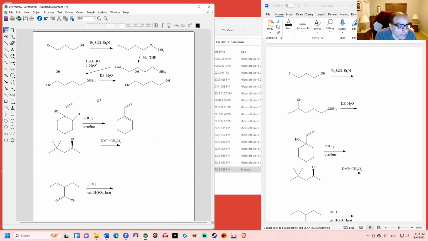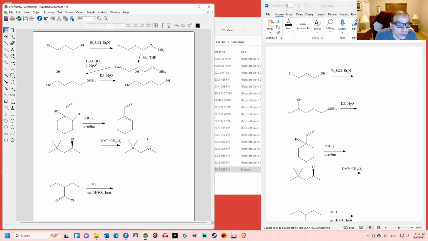The next reaction is an oxidation reaction using Dess-Martin periodinane. Dess-Martin periodinane will oxidize a primary alcohol to an aldehyde and a secondary alcohol like this one to a ketone. And the solvent is dichloromethane. And you'll notice I took away the wedge bond.